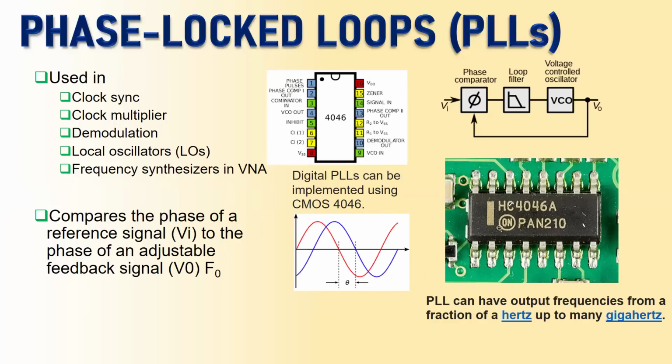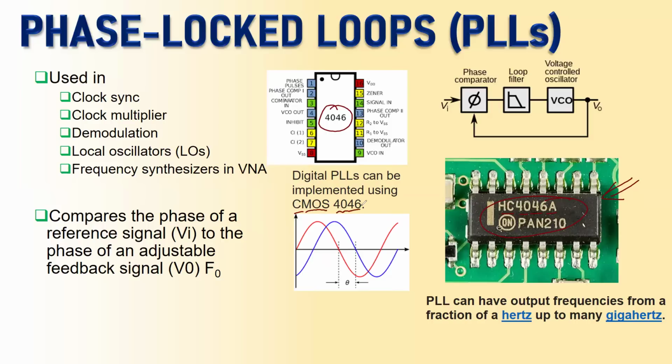Okay, so what hardware is available to implement a PLL? Here is this IC, the HC4046A. You can type this number on Google, get access to the datasheet from the manufacturer, and read all the relevant information. The second IC available in the market is the CMOS, complementary metal oxide semiconductor technology, and the IC name is 4046.